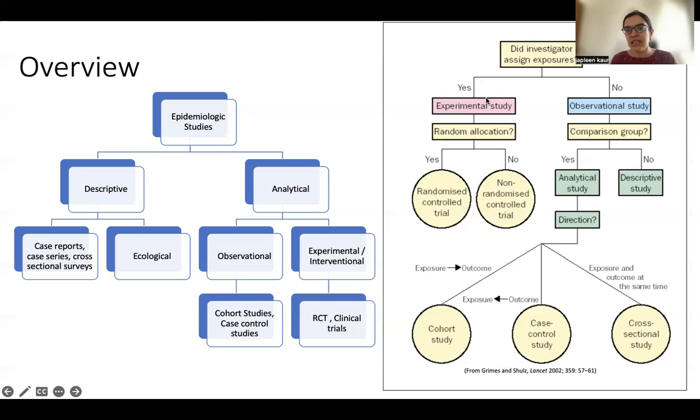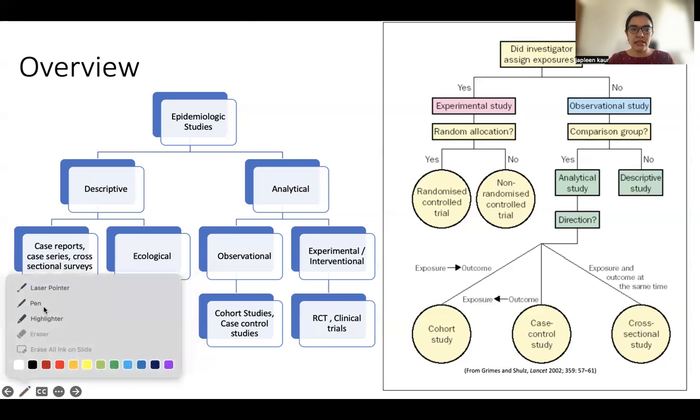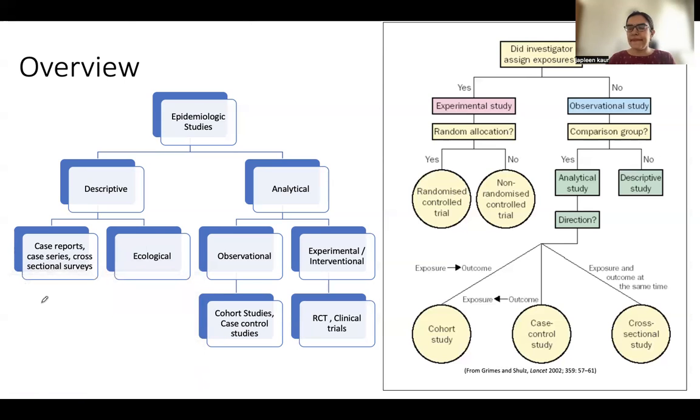The other way of classifying is starting with whether the investigator has assigned the exposure or not. If yes, then it is called an experimental study. If not, then it is called an observational study. So the risk factor is somehow present, like hypertension or diabetes, but it is not the investigator who has given that exposure.